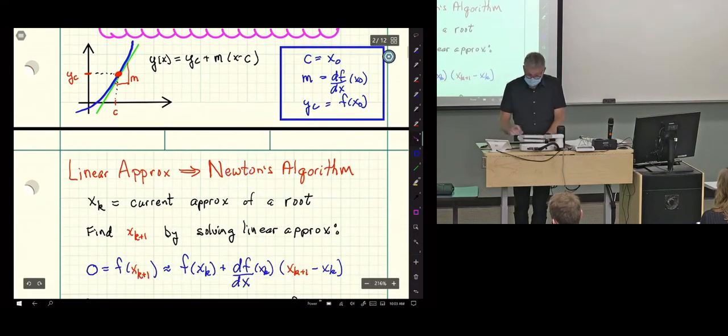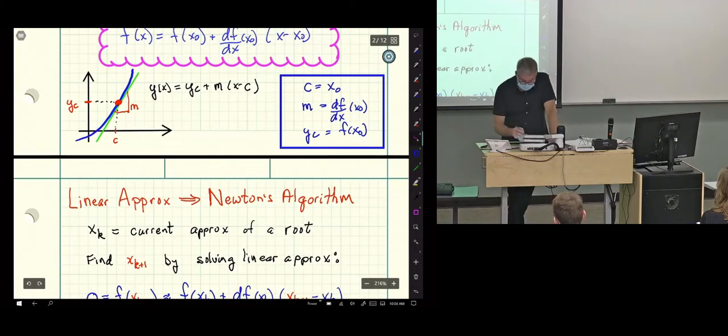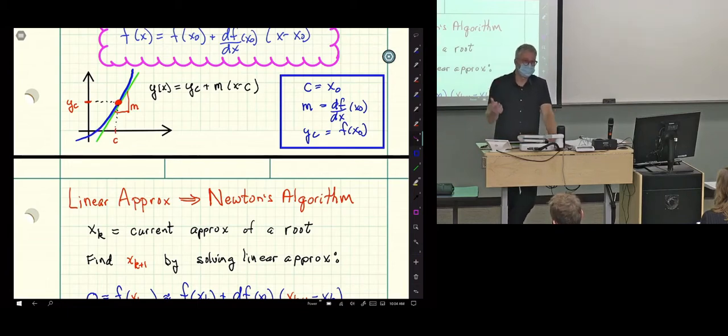Once you have a linear approximation, you would say, well, I don't know how to find this root. Hey, I'm here. Let me just follow the linear approximation and use that as my next update. And then here, I'll get another linear approximation, and I'll follow that, and I'll get my next update. Then I get another one, I follow my linear approximation, I get another update, and that's called Newton's algorithm.